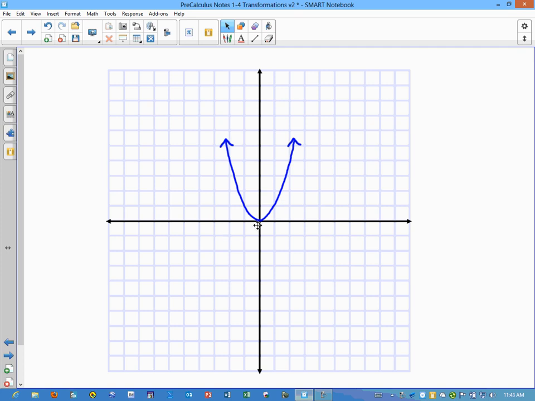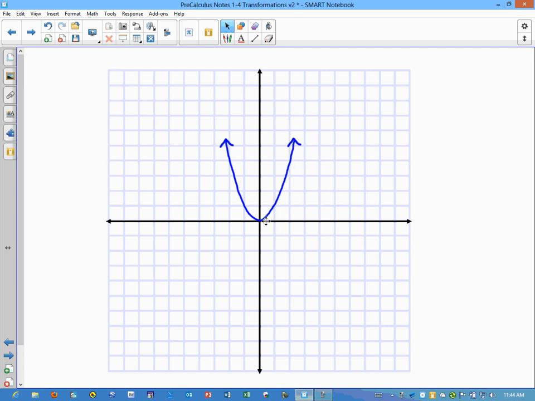And we should know that the shape of this, by the way, if we have our vertex at the origin, then we will have a point at the origin. We will also have a point at (1, 1) and a point at (2, 4). That's because 1 squared is 1, 2 squared is 4.